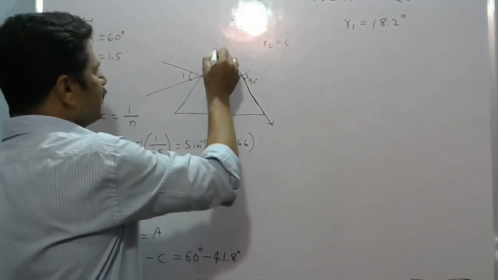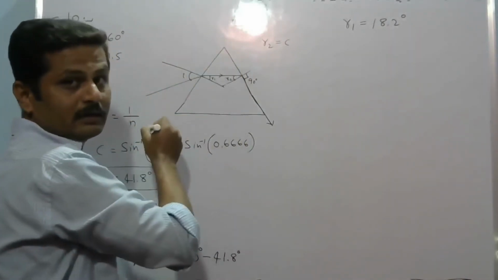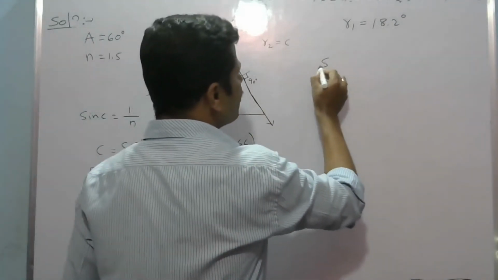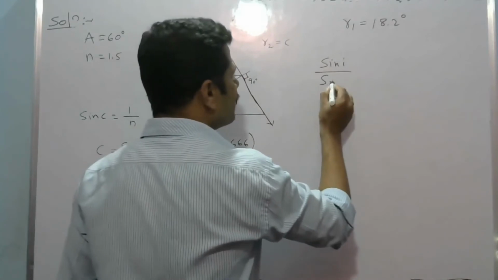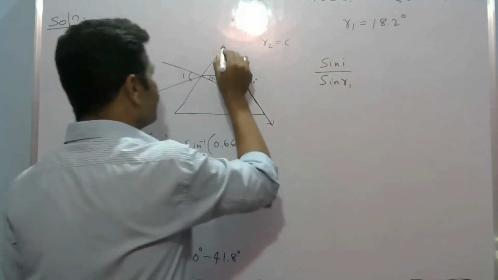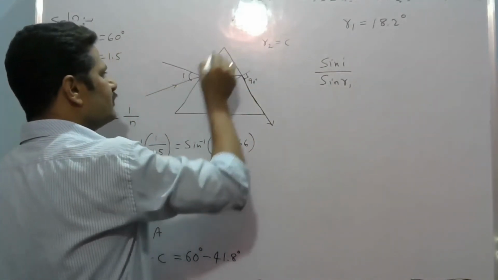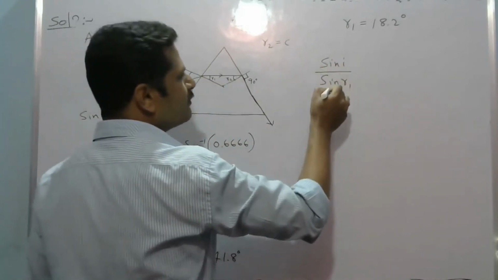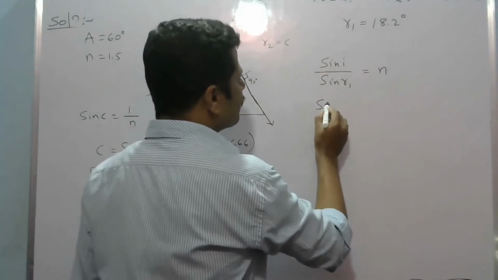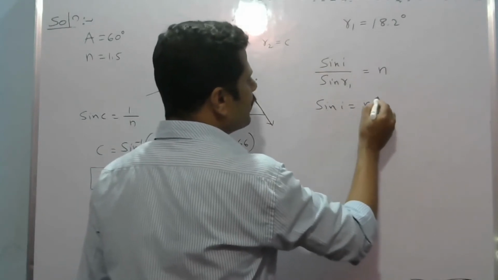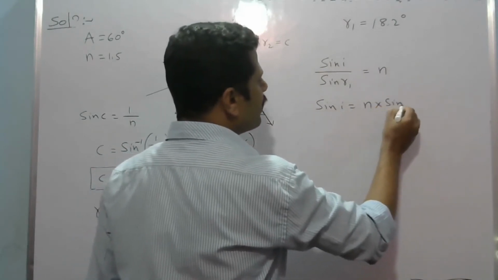At the first interface, applying Snell's law, sin I by sin R1 equals n, so sin I equals n into sin R1.